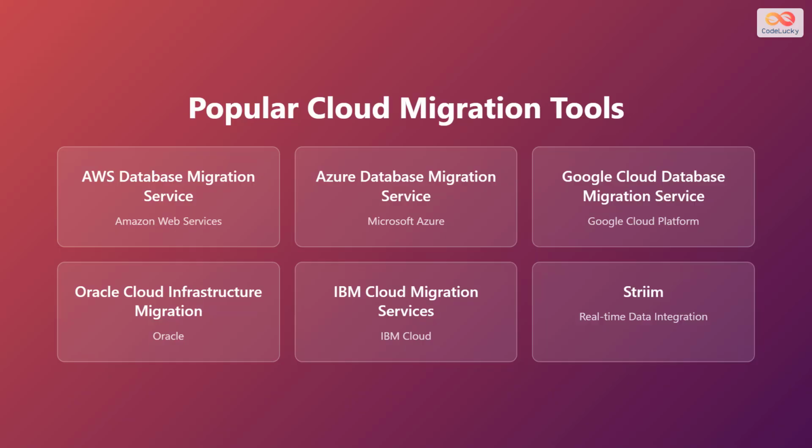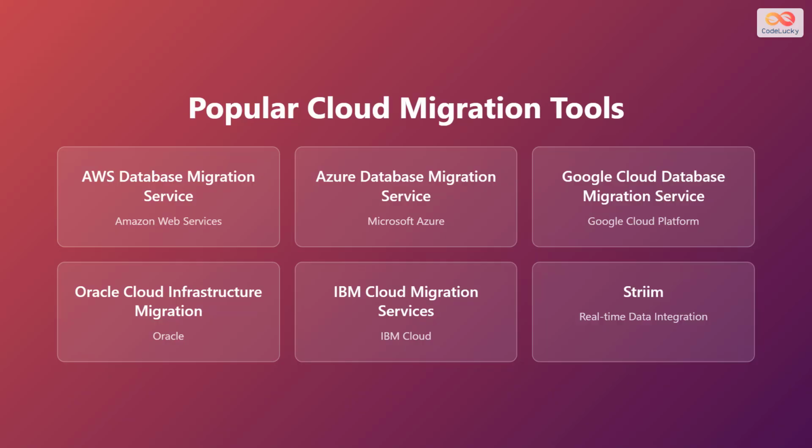Several powerful tools are available to help with database migration. Amazon Web Services offers the AWS Database Migration Service, which supports both homogeneous and heterogeneous database migrations with minimal downtime. Microsoft Azure provides the Azure Database Migration Service, designed to seamlessly migrate SQL Server, MySQL, and PostgreSQL databases to Azure. Google Cloud Platform has the Google Cloud Database Migration Service for migrating to Cloud SQL and other Google database services.